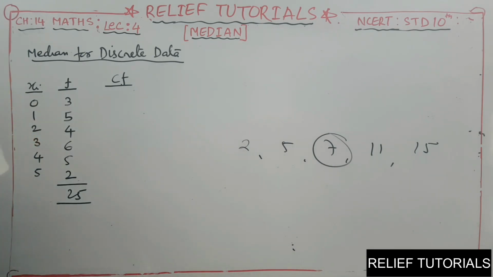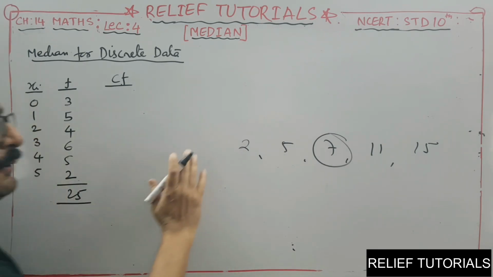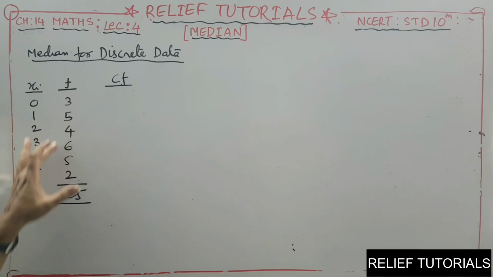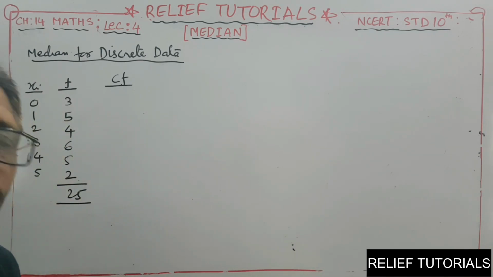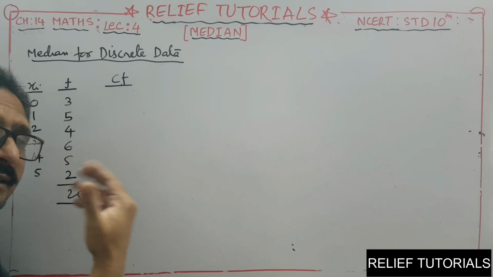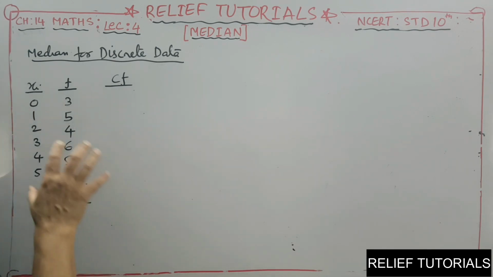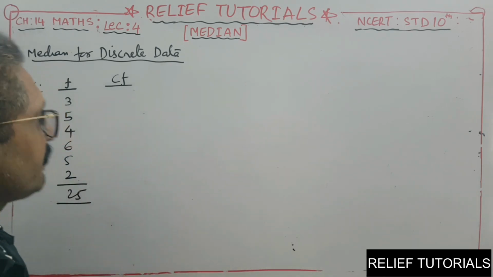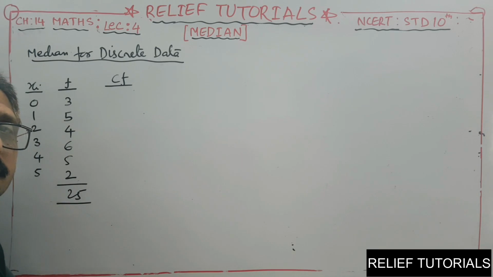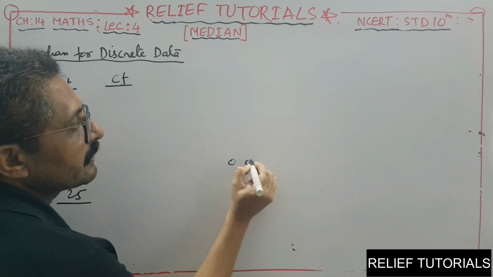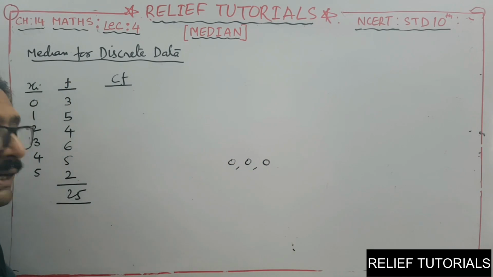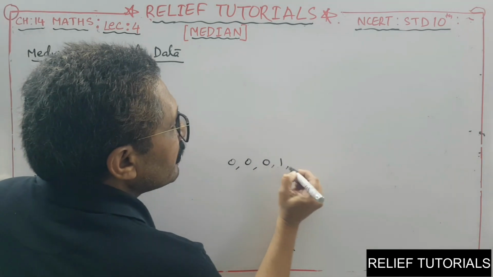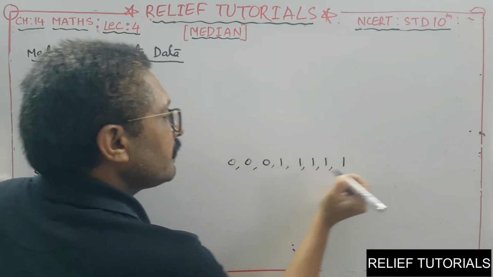Before that, I want to make one thing clear. I told you that just by looking at the observations you can't say which is the median. So what we will do: this is grouped data, and as we discussed while discussing mean, we will convert this grouped data into ungrouped data. See how. How many students got 0 marks? 3 students: 0, 0, 0. How many students got 1 mark? 5 students: 1, 1, 1, 1, 1.